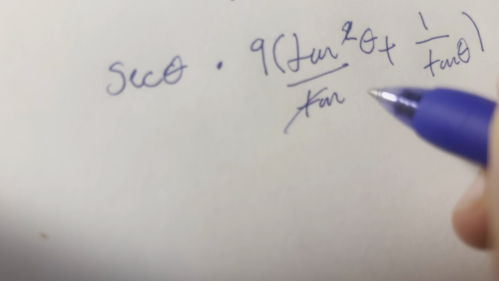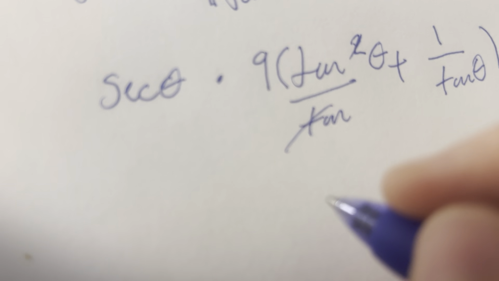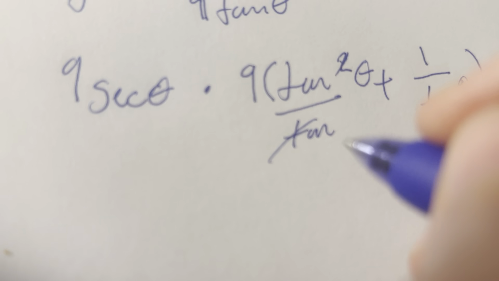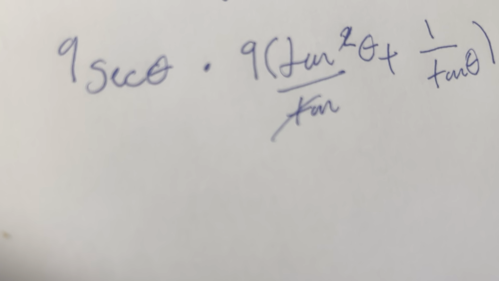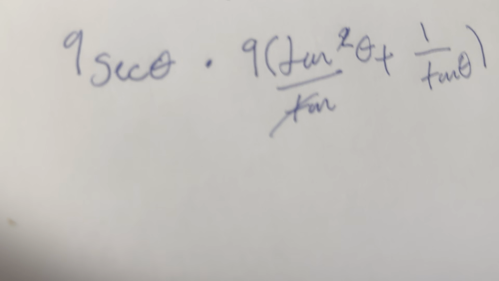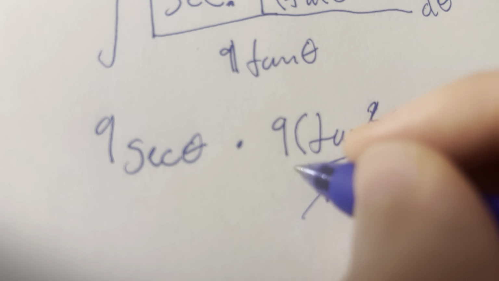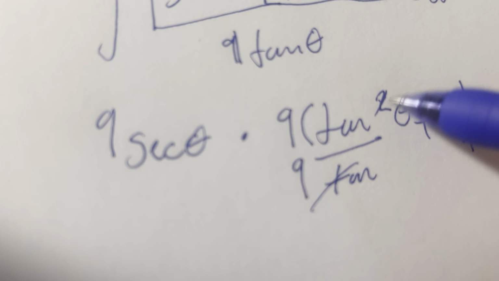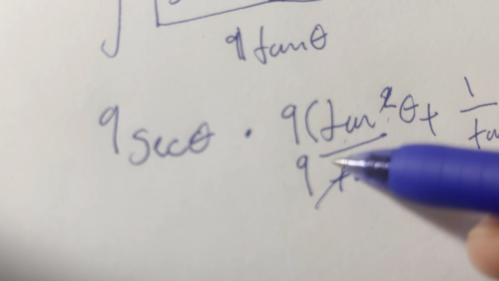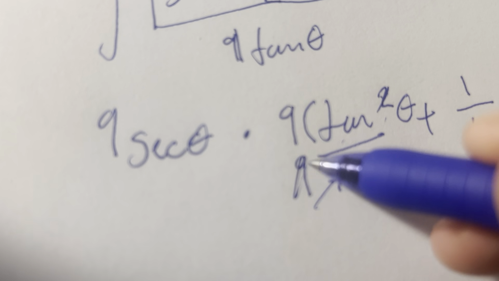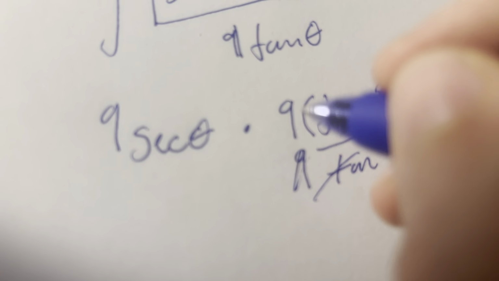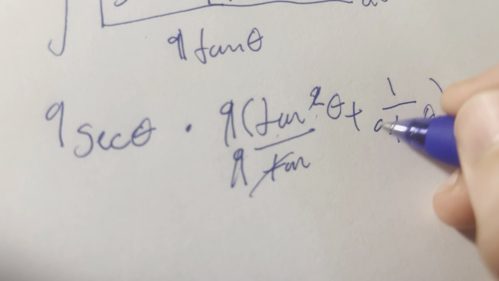So now we can distribute the secant, can't forget to include the 9, so it'd be 9 secant times tangent divided by tangent. We can actually cancel out the 9 on both of these.